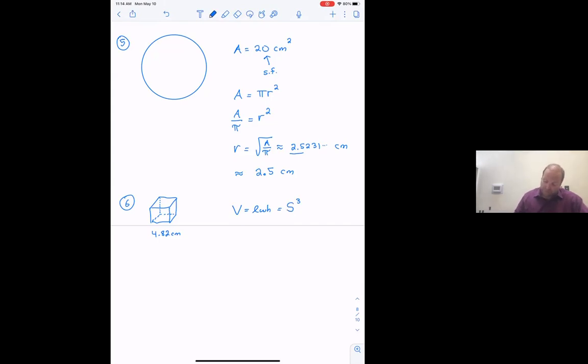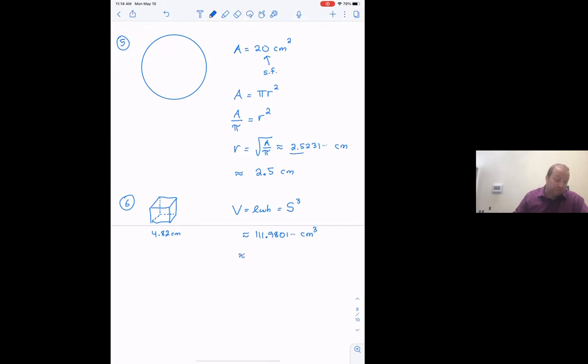So if the volume is equal to side cubed, all we have to do now is take 4.82 and raise it to the 3rd power. And we get approximately 111.9801 ... And it's cubic units, centimeter, centimeter, centimeter. So it's cubic centimeters.